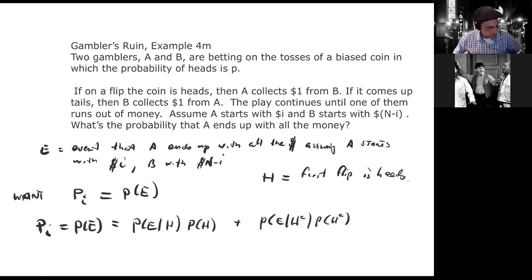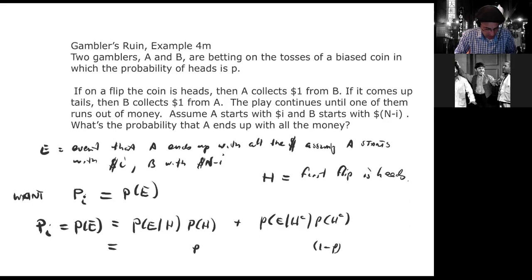Now, I want to compute what that is. So what's P of H? P of H is P, and P of H complement is 1 minus P. Now what is P of E conditioned on H? Well, that means that at the very first flip, A wins.